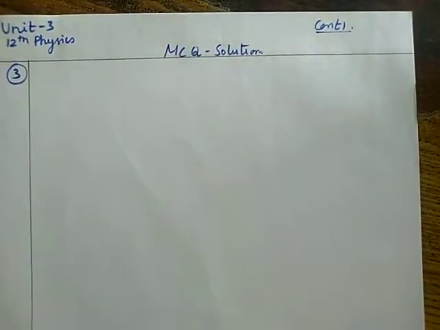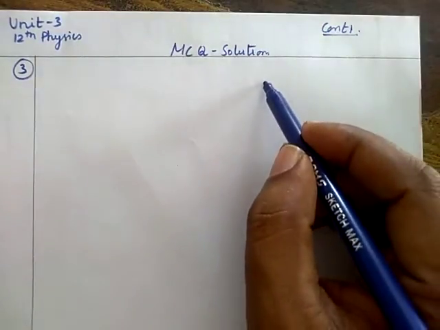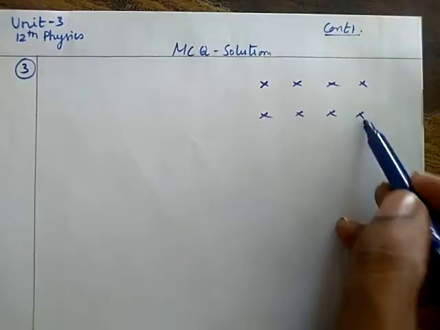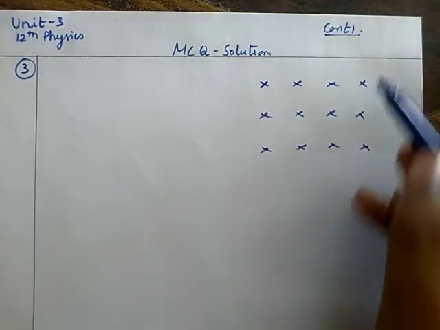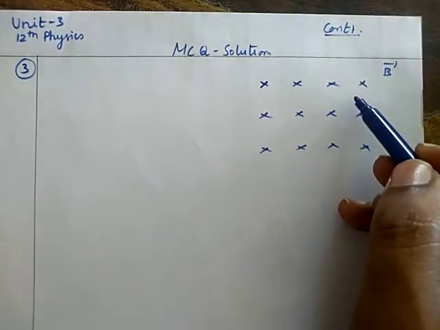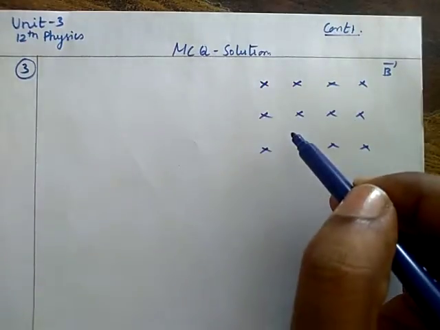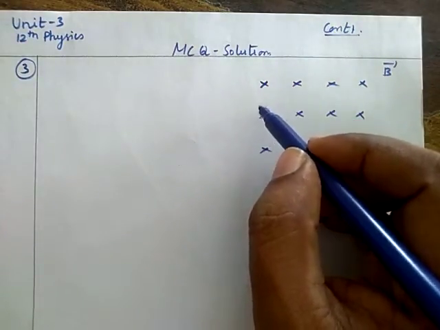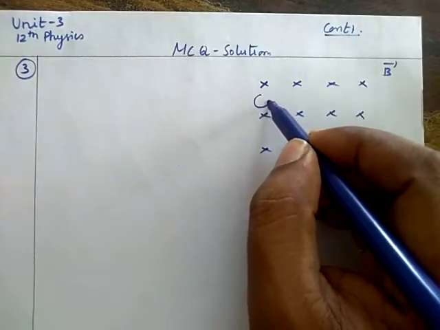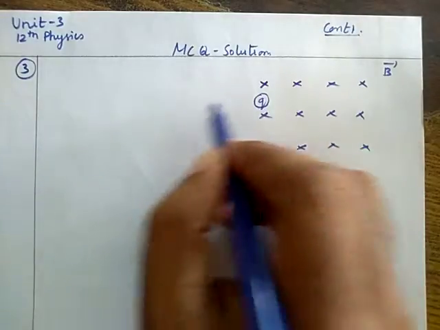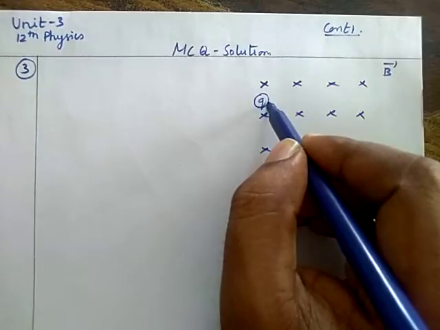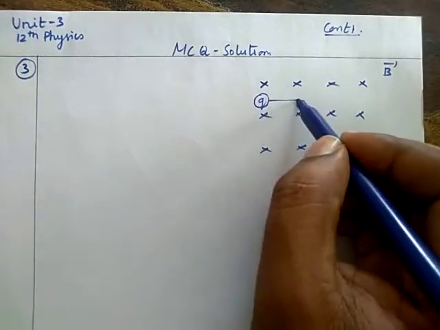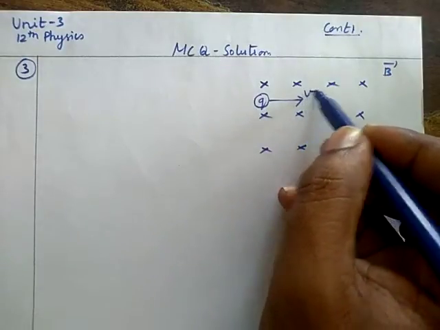Let me see. Here they have given a magnetic field as B vector. This cross represents the magnetic field going into the sheet. Then a particle having the mass m and the charge q, by applying a potential on the charge, it will move with the velocity v.